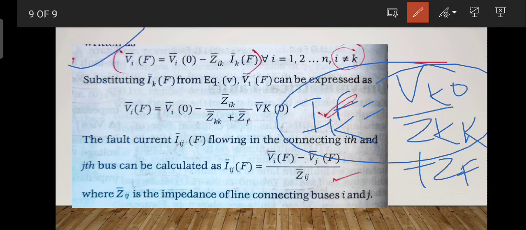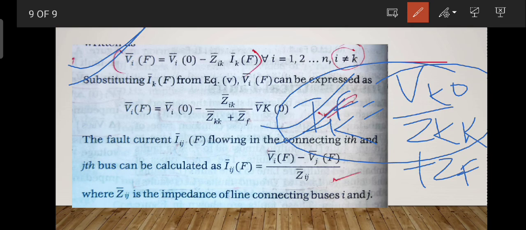So here we can write Vi fault is equal to Vi0 minus Zik into Ik fault for all i equal to 1 to n and i not equal to k. Substituting Ik fault from this equation, Vi fault can be expressed as Vi0 minus Zik divided by Zkk plus Zf into Vk0.